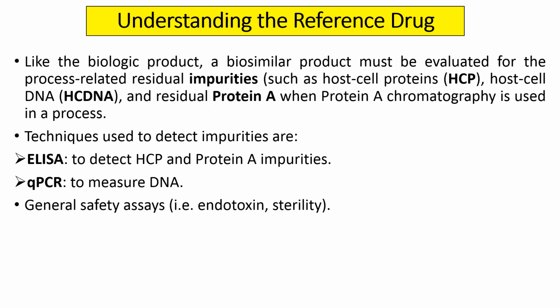Also, similar to a biologic product, a biosimilar product should be evaluated for process-related residual impurities, like those that come from host cell protein, abbreviated HCP, host cell DNA, and residual protein A, when protein A chromatography is used in the process.